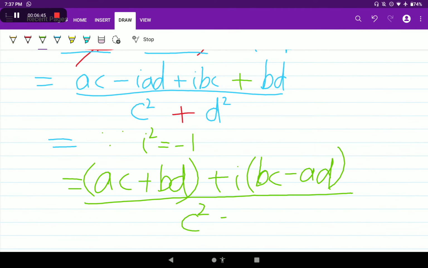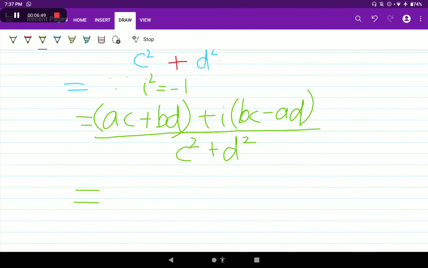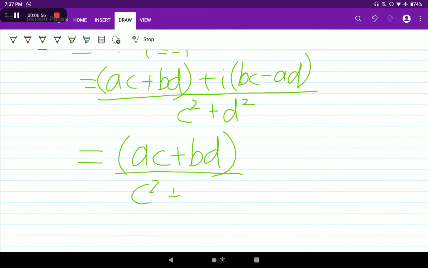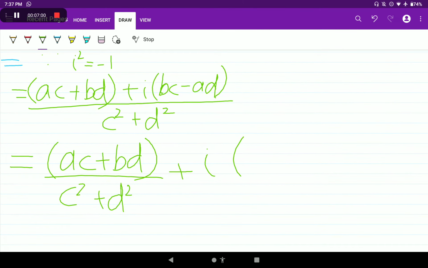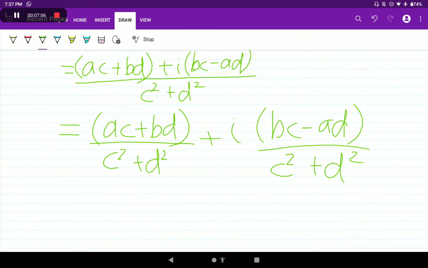So you will get this by multiplying. You can write imaginary and real part separately also. This is the real part, ac plus bd upon c square plus d square, and imaginary part will be bc minus ad upon c square plus d square. Hope you get this.